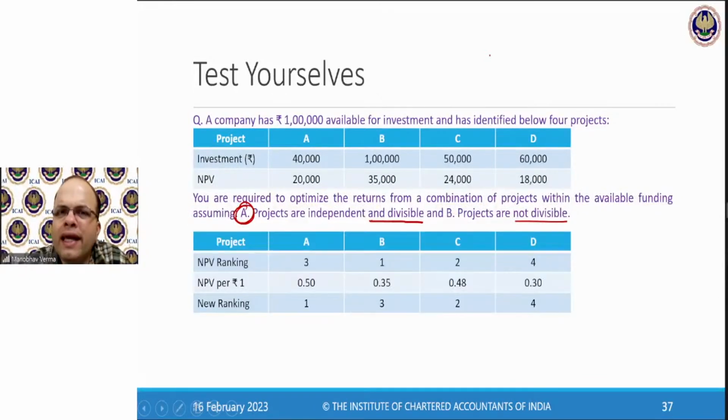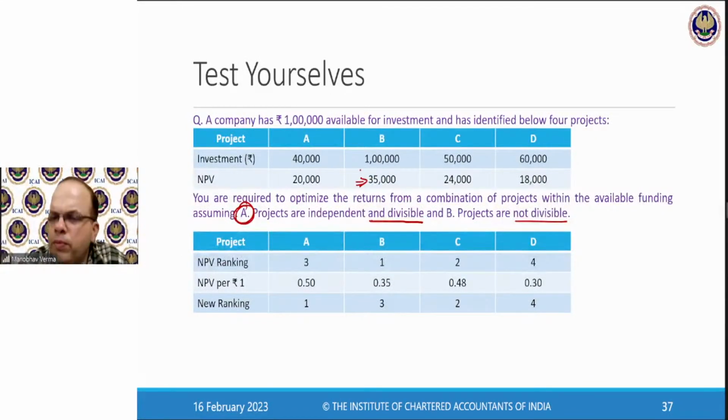Can we first do the ranking here? NPV ranking is a straightforward one. NPV is given to us. Project B has a maximum NPV. And then we have C, A, and D. So B, C, A, D. Then we calculate NPV per rupee 1, which is 0.5, 0.35, 0.48, and 0.30.